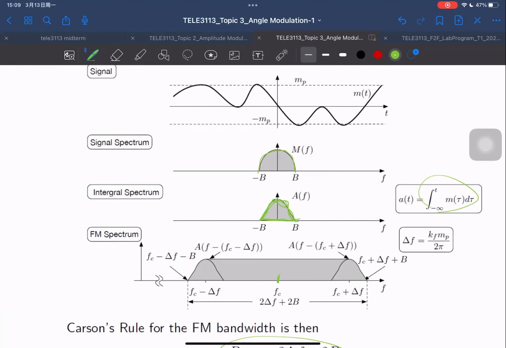So it's essentially just going to be 0 for all the frequencies.